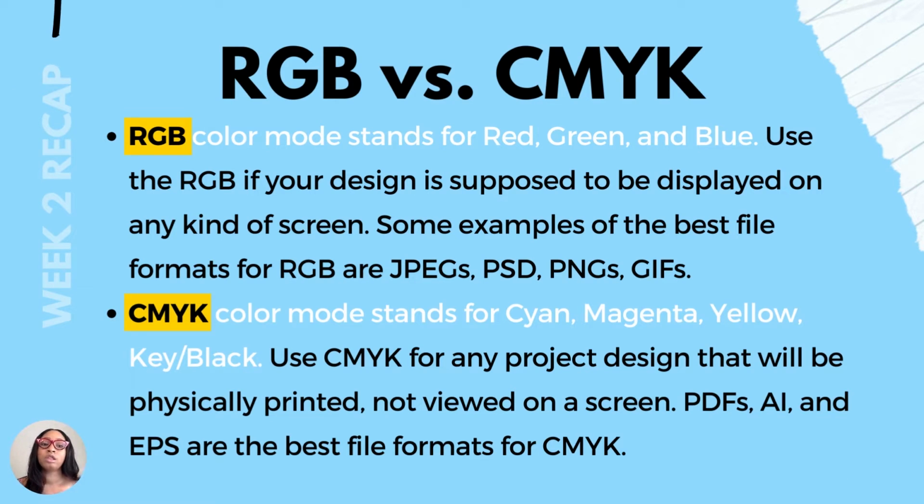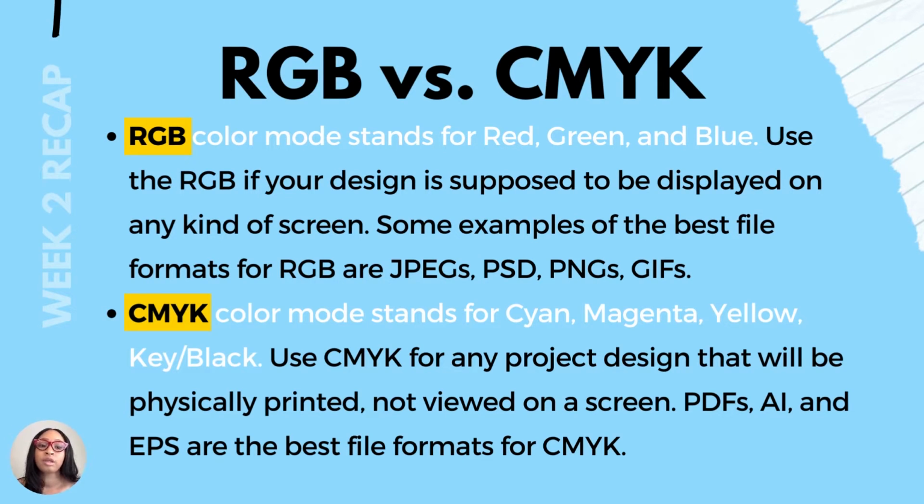Now, this is important for you to remember because throughout using the Adobe applications, you will notice that you have the option to change your color modes, either when you are initially setting up your document or when you're creating your document and you notice that you might want to switch over color modes from RGB to CMYK. So let's discuss the importance for both of these color modes.